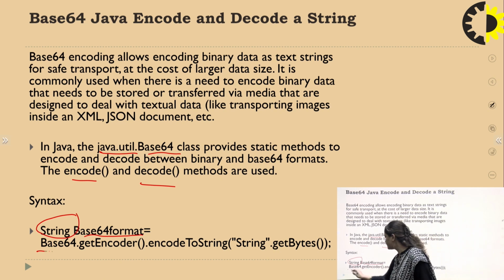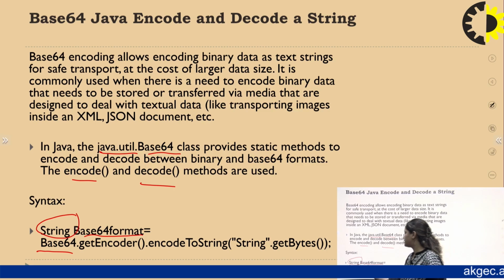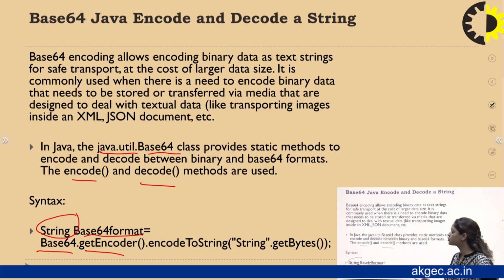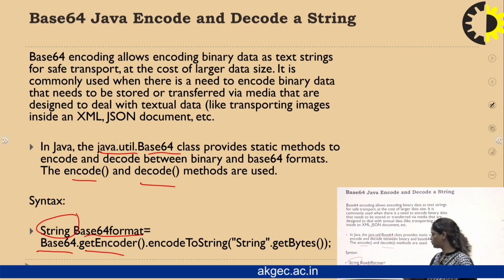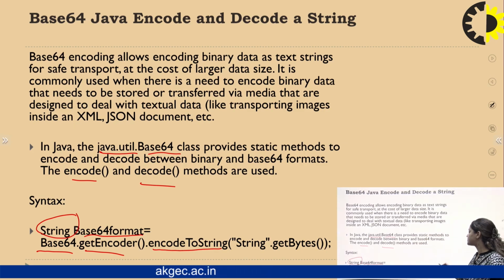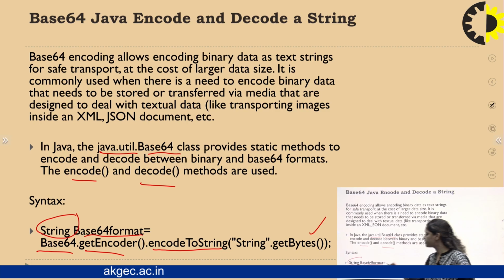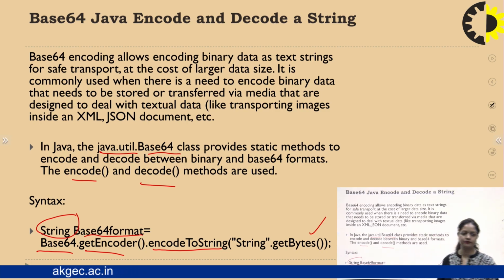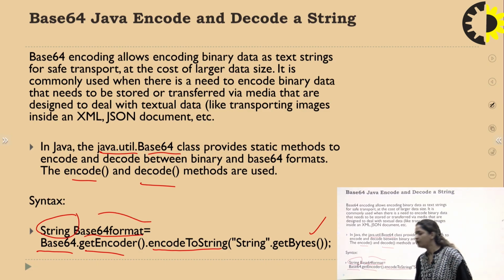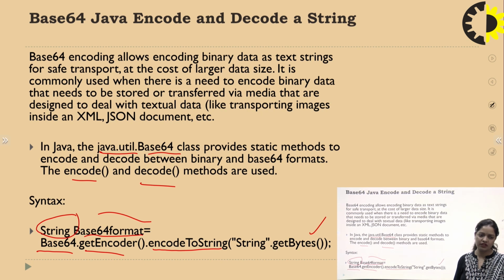By using the Base64 class's getEncoder method, which is used to obtain the encoder, and the string is converted into encoded form by using the encodeToString method. That is the inbuilt method of this Base64 class, and we store the value of that encoded string in the user-defined variable.